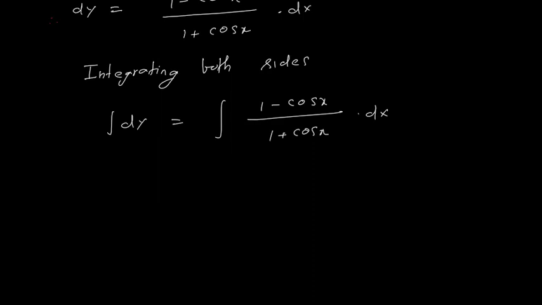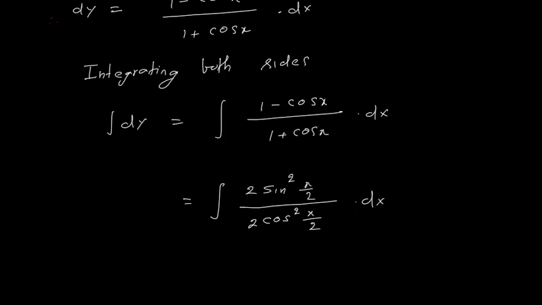Now to integrate on the right hand side you must simplify, you must remember the formulas. 1 minus cos x you can write as 2 sin square x by 2, and 1 plus cos x you can write as 2 cos square x by 2.